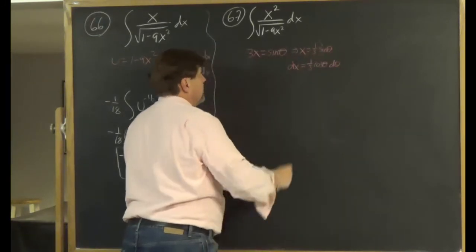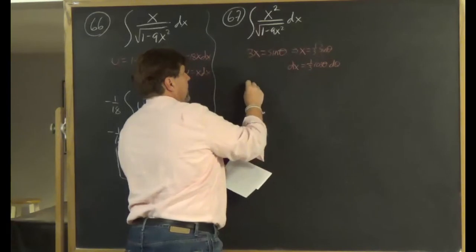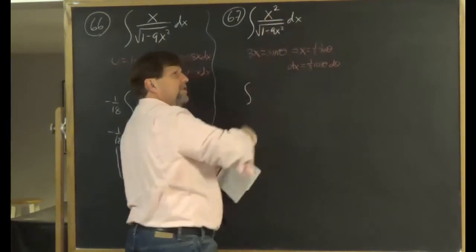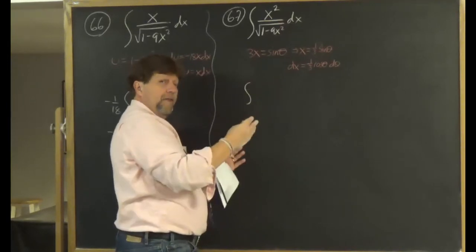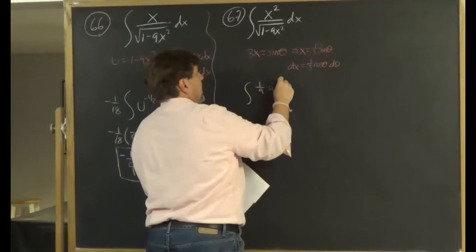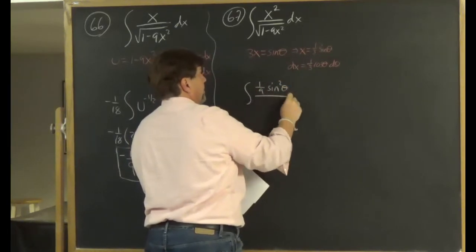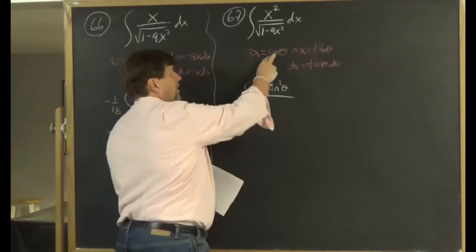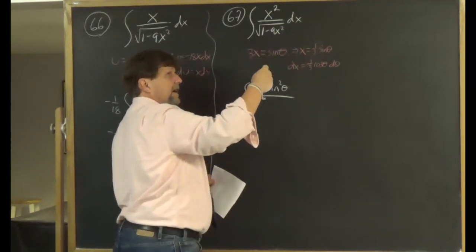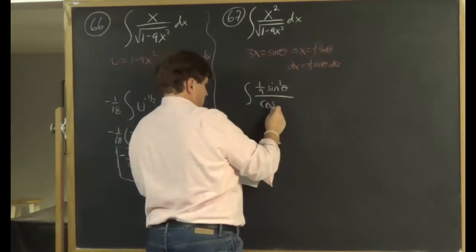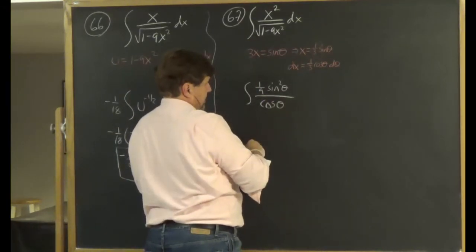So when I substitute in, x squared would be 1/3 sine theta, all of that squared, so that's 1/9 sine squared theta. The 1 minus 9x squared, well, that would be 1 minus sine squared, which is cosine squared. So that radical will just become cosine theta.